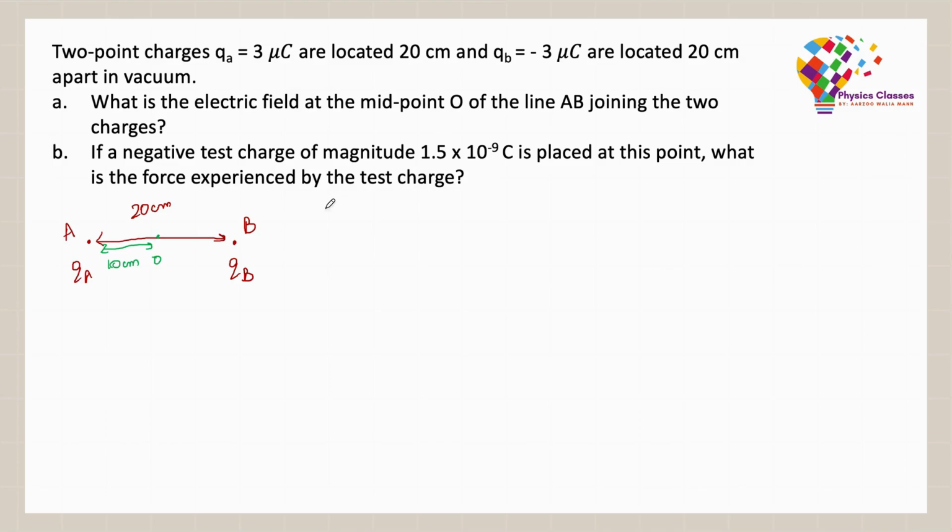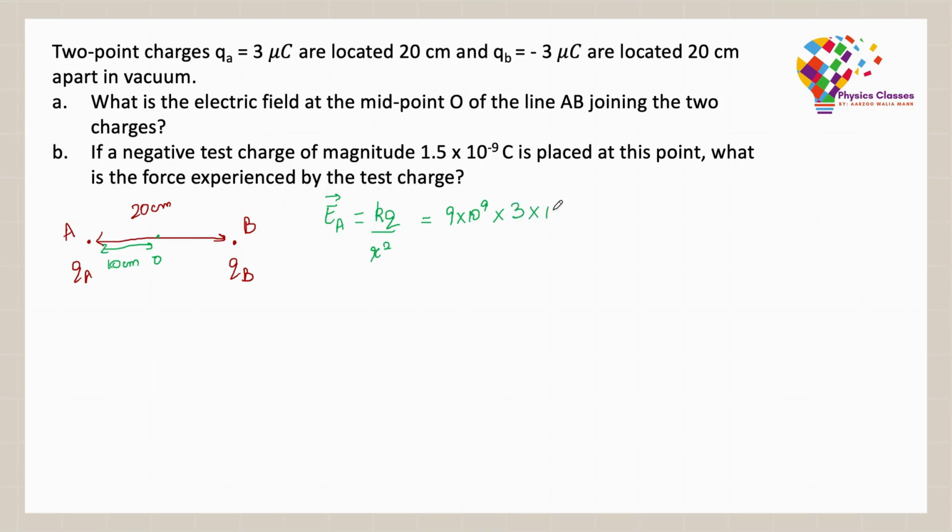So in order to find the electric field due to A and B, I can simply use the formula that we wrote. So the electric field due to A will be equal to KQ by R square. K we know is 9 into 10 to the power 9.